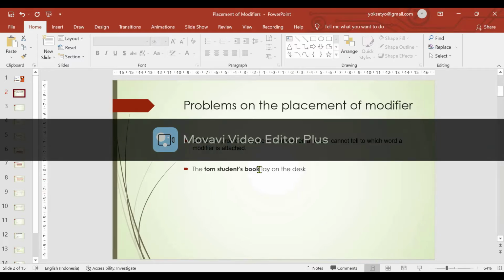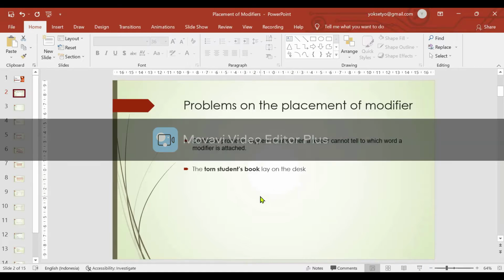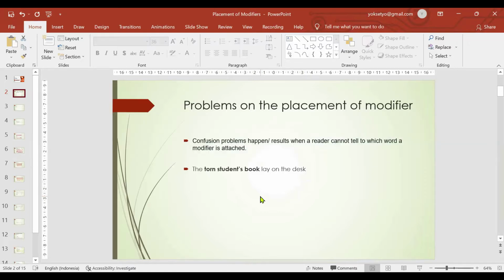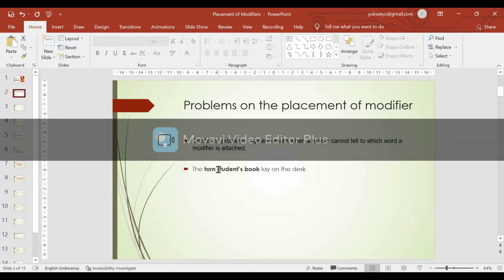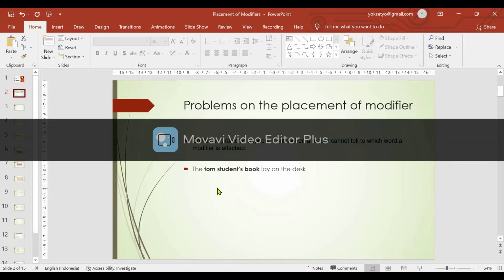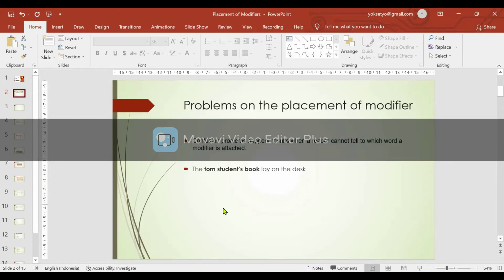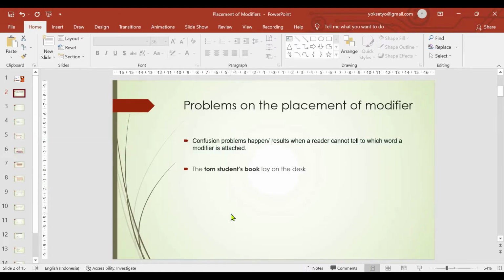What is the problem? It is placed in the wrong order. So what is the correct one? You have the modifier, the adjective tone. What does it modify? It is supposed to modify the book.